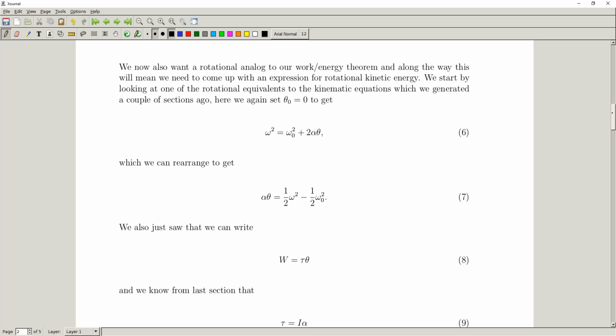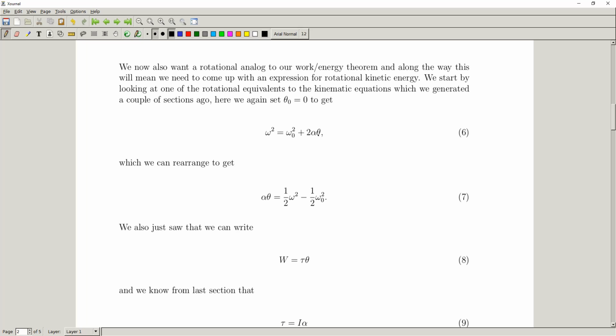So we're going to start off with one of the equations that we developed 2 videos ago in our section where we upgraded all of our linear kinematic equations to rotational kinematic equations. And so if we set theta naught to 0 for one of those equations, we end up with this one here.